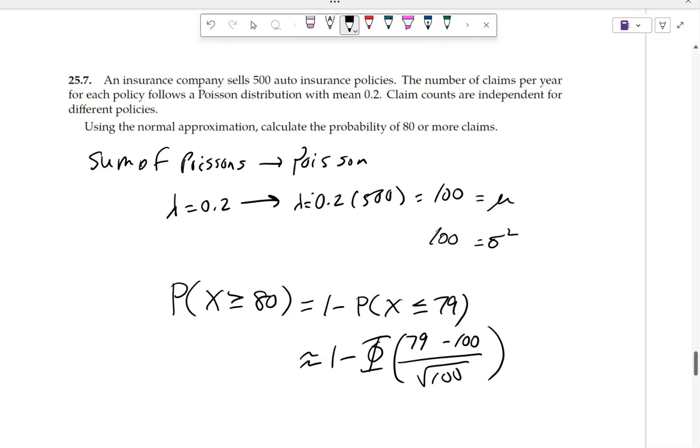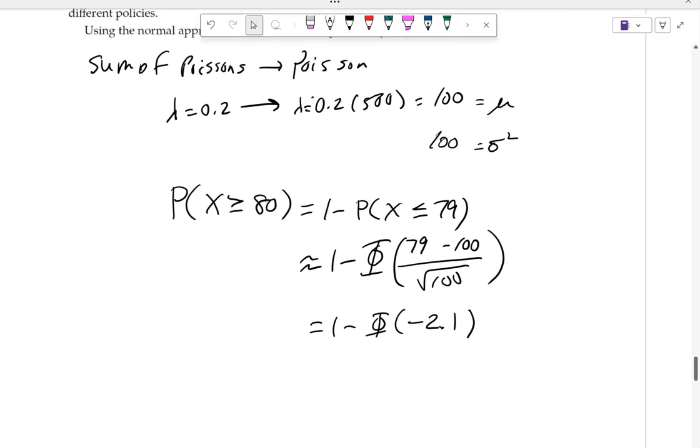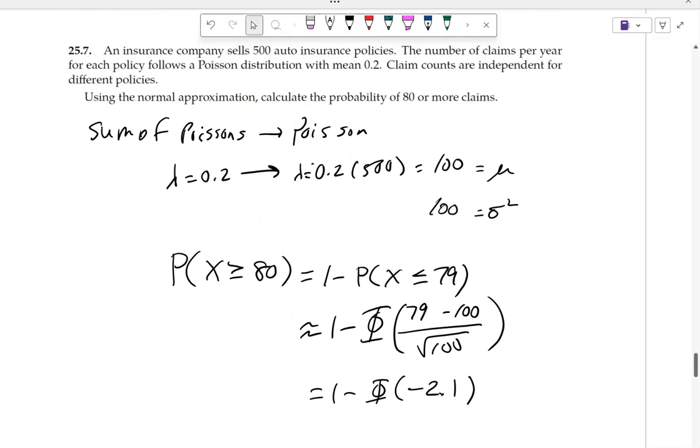So we should get negative 2.1, negative 21 divided by 10. So that should just be phi of 2.1, which is 0.9821.